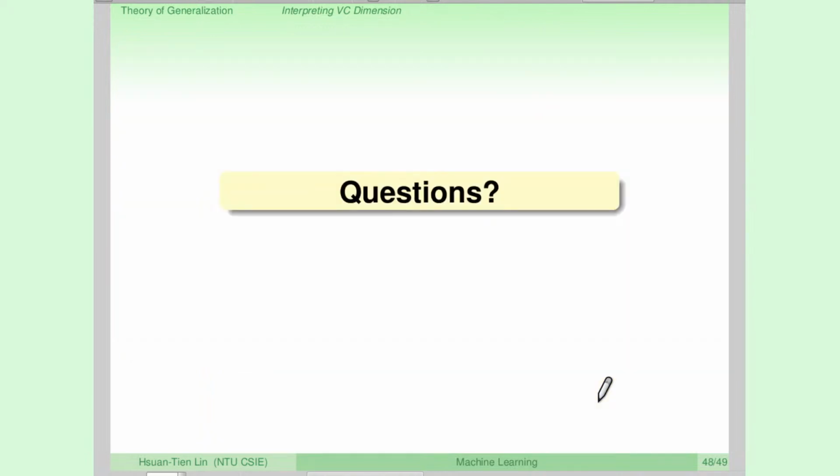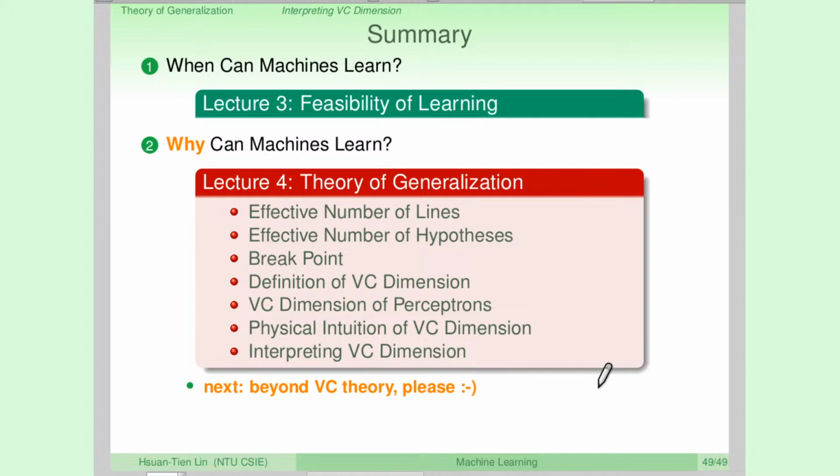Okay, that's about all the VC bound that I want to talk about. Let me quickly summarize this part, which actually should have been finished last time, but most often we are delayed in course schedule and so on. So we started with the effective number of lines and then extended to the hypothesis set in the last lecture, which tells us the growth function, which can be used to model any hypothesis set.